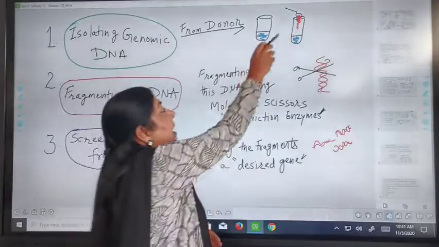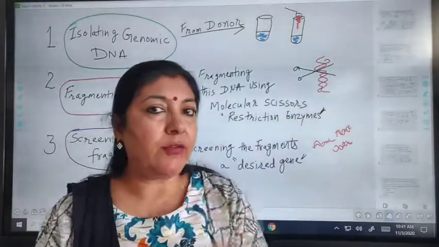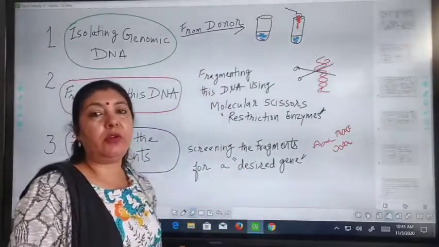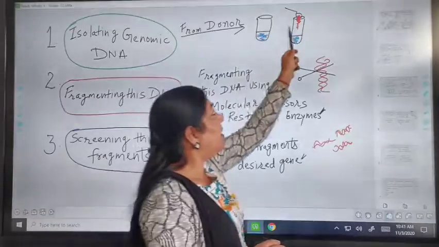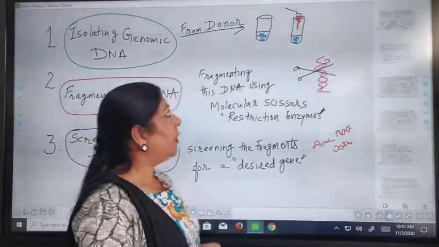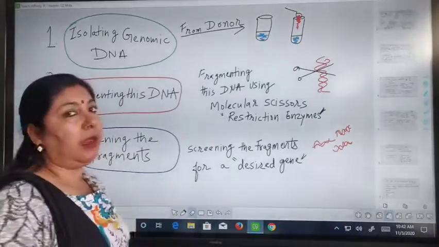And that DNA is isolated by a technique of spooling. So this is the first step, that is isolating genomic DNA from the donor cell. So this DNA, the red colored part, is spooled out. It is separated out.